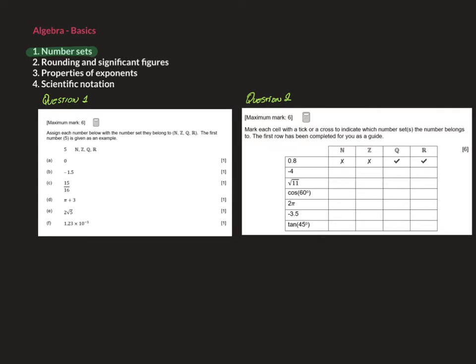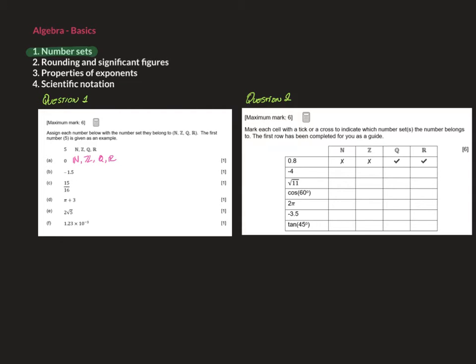So to start, let's look at A. That's number 0. So 0 should be a natural number. It is also an integer. It is also a rational number, and it is also a real number.